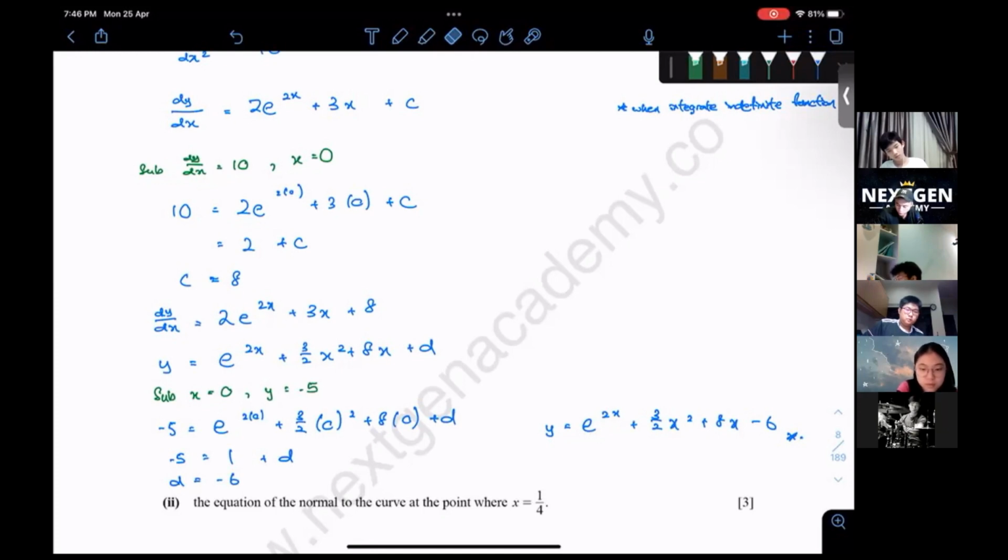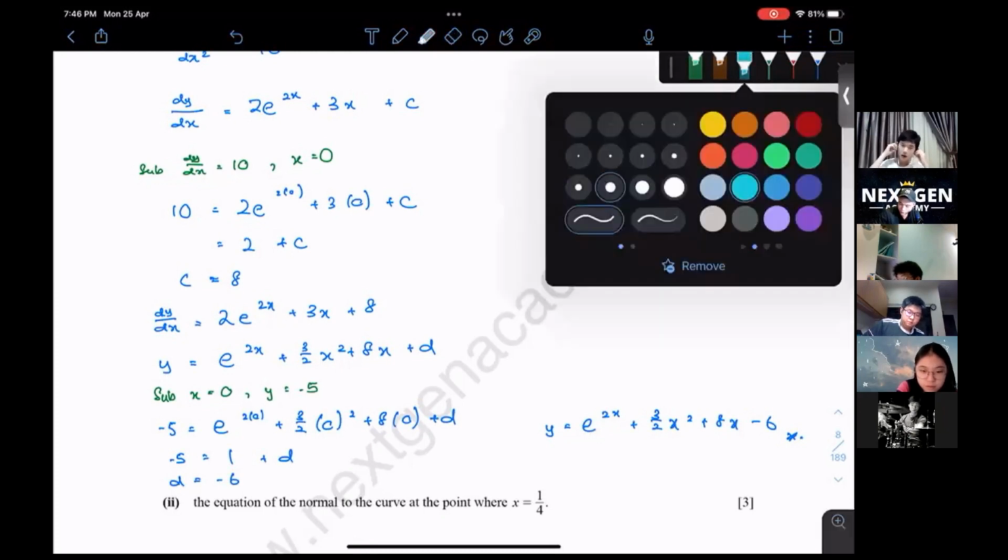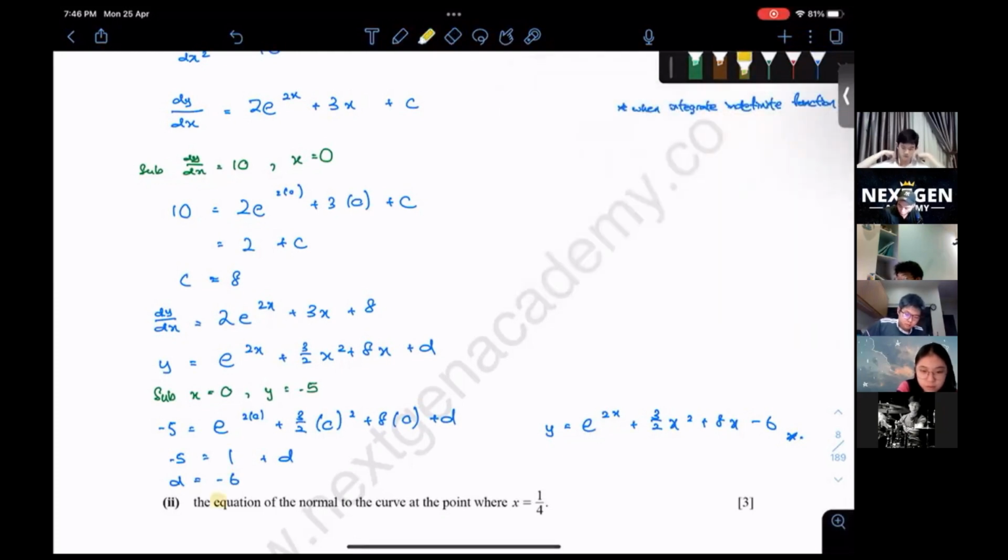Question 2. The equation of the normal to the curve at the point where x equals 1/4. How do we find the equation of the normal to the curve?